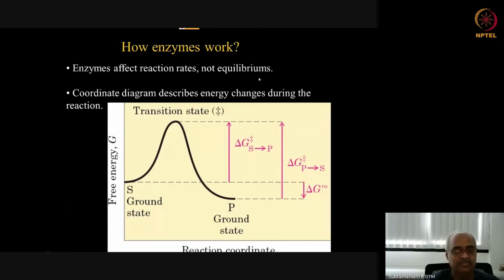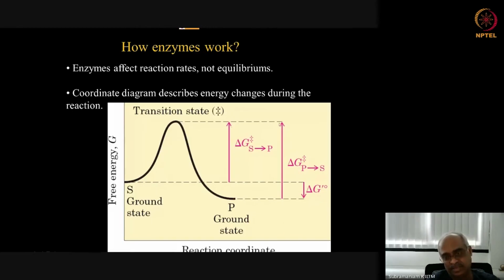Okay, so that is why the activation energies, and something to lower the activation energy, are required. So this sort of diagram depicts this activation energy idea and how the enzymes are going to affect that. So this tells you the difference between the ground state of the substrate and the transition state it has to reach, and that is what we call the activation energy.